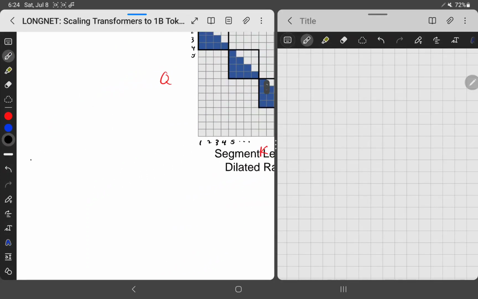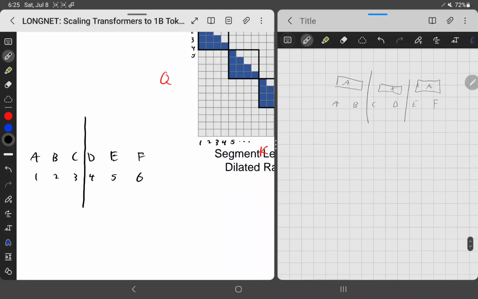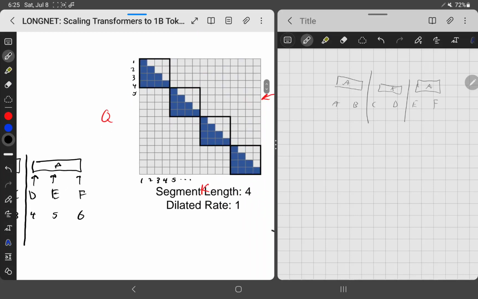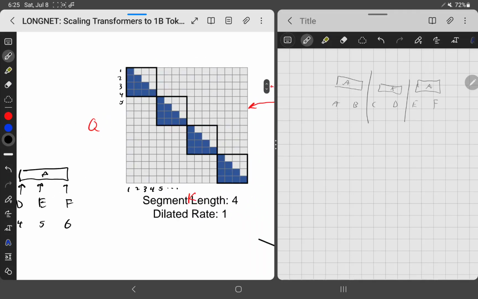If we look at our sequence A, B, C, D, E, F, it's like breaking up the sequence into windows. A, B, and C go through attention independently of D, E, and F. So this is local attention.